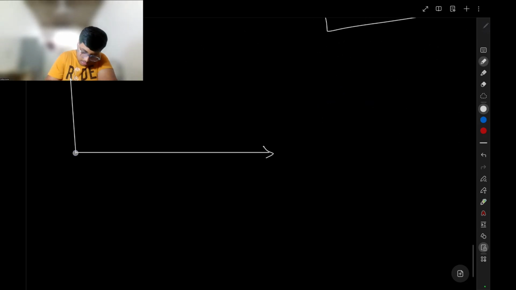What graph are we expecting in the logistic regression algorithm? 0, 1, 2, 3, 4, 5, 6, 7, and here 8.